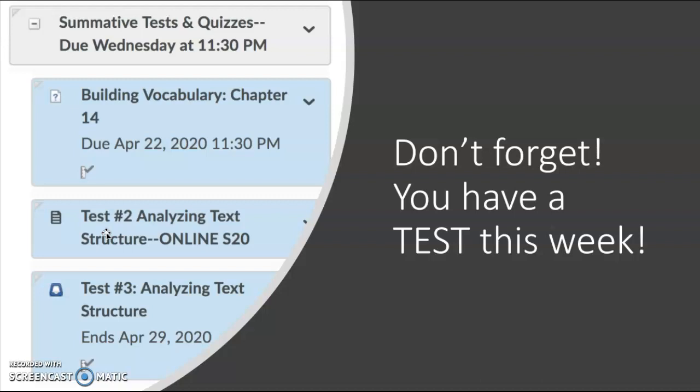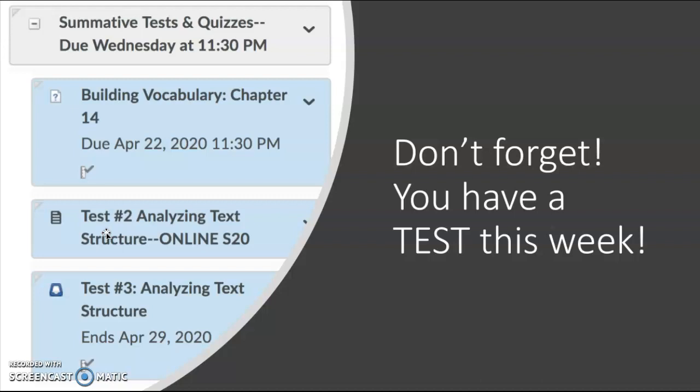So, if you're doing it on your computer, you might change the color of the text for your answer, or you might highlight your answer. So it's very clear that that's the one that you're choosing, okay? Make sure it's really clear.